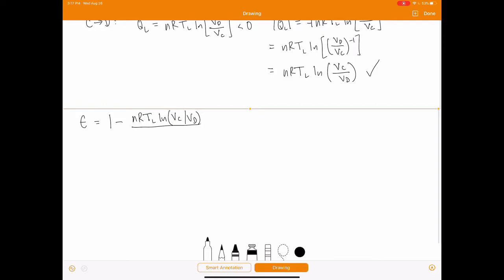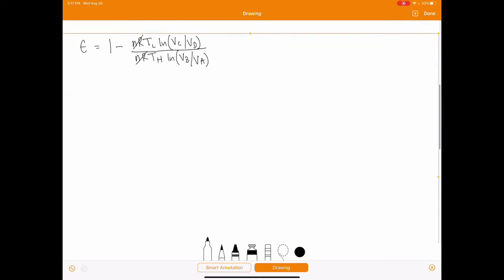And then QH was N times R times TH times the natural log of VB divided by VA. Okay, so right away we can cancel out N and R. And we can even go a little bit further with this.